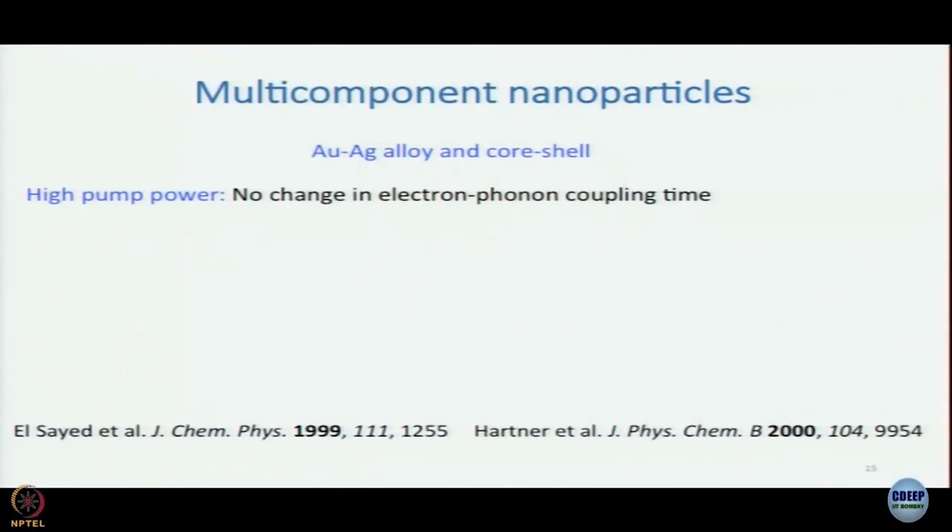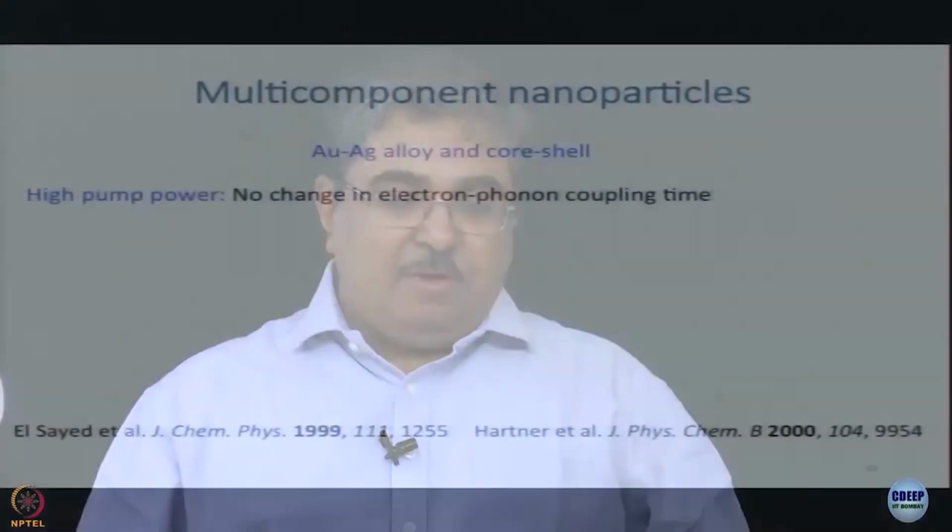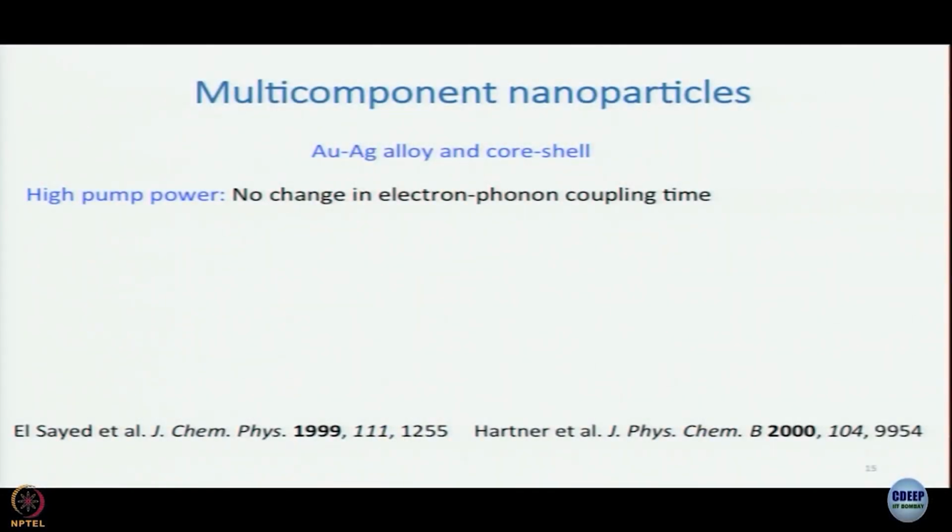Okay. Now, let us talk about something else, gold silver alloy, a very widely studied system. There have been many studies right at the beginning when this field opened. Here there are two examples, there are many more, one by Elsayer's group, one by Hartner's group, where they studied gold silver alloy nanoparticles as well as core shell nanoparticles.